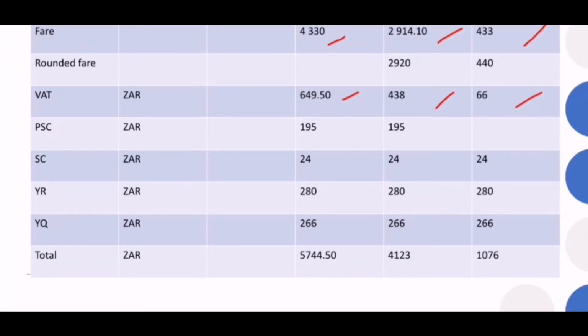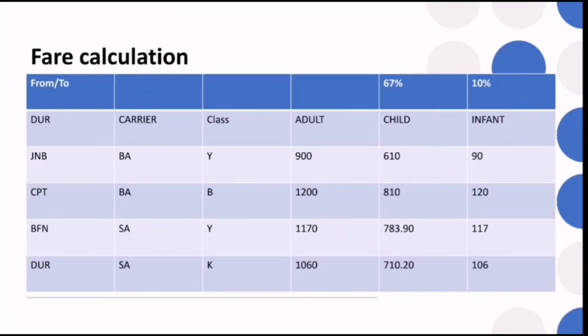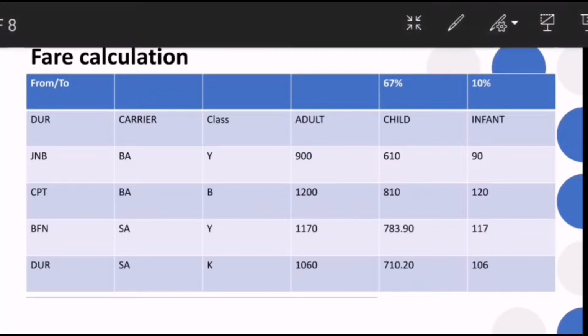Then the following thing to do is to charge PSC. Now PSC is charged for a departure in each and every city. Now, if we go back to the previous slide, you will see that we are departing from Durban, we are departing from JNB, we are departing from Cape Town, and we are departing from Bloem.